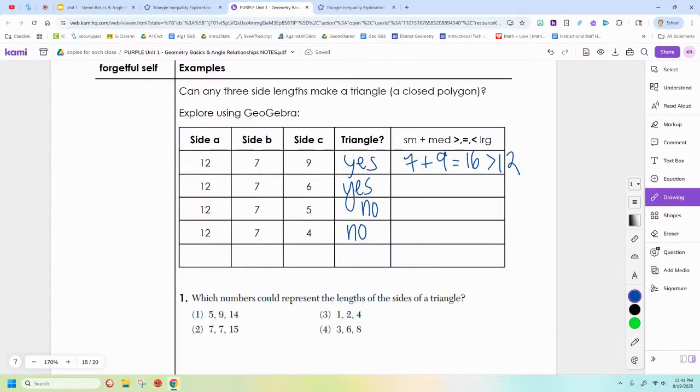We do it again. Small is 6 plus 7, which is equal to 13. Is that greater than 12? Yes. So it made a triangle, right?